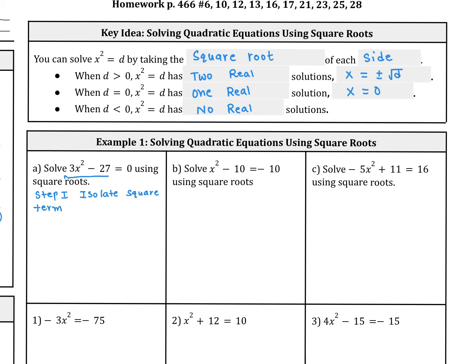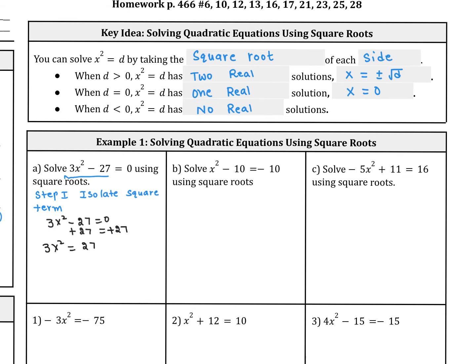Which means that what you're going to do here is 3x squared minus 27 equals 0. On both sides, you're going to add 27. You get 3x squared equals 27.